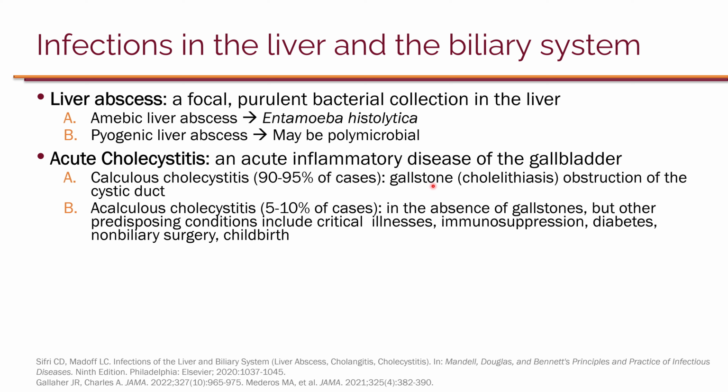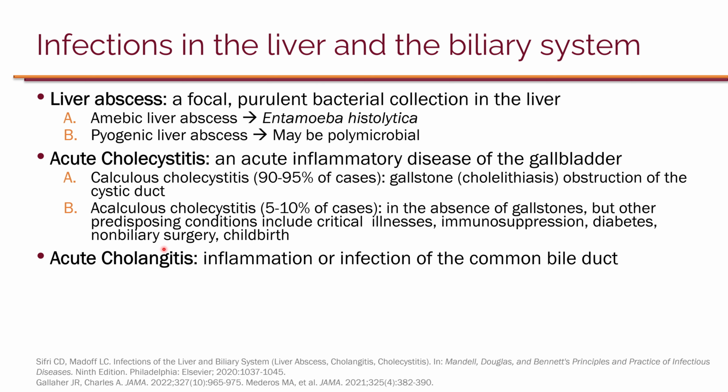So this obstruction of the cystic duct by gallstone is what drives the inflammation, and then the remaining 5 to 10% of cases are acalculous cholecystitis. So in the absence of gallstone, other predisposing conditions include critical illness, immunosuppression, diabetes, non-biliary surgery, and childbirth.